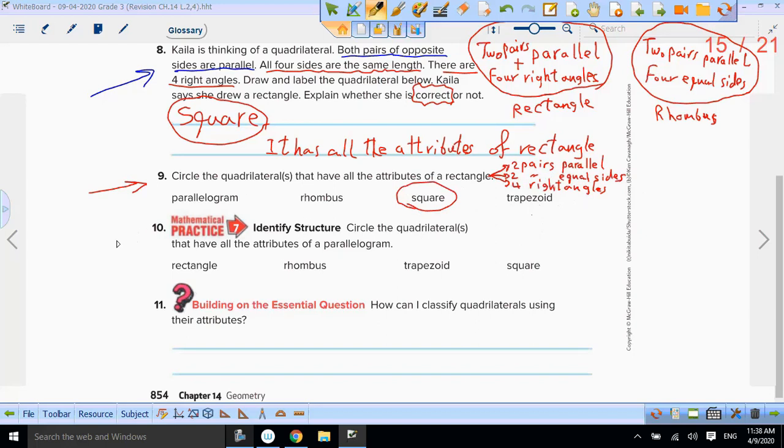Now, for example 10, circle the quadrilateral or quadrilaterals that have all attributes of a parallelogram. A parallelogram has two pairs of parallel sides and two pairs of equal sides.